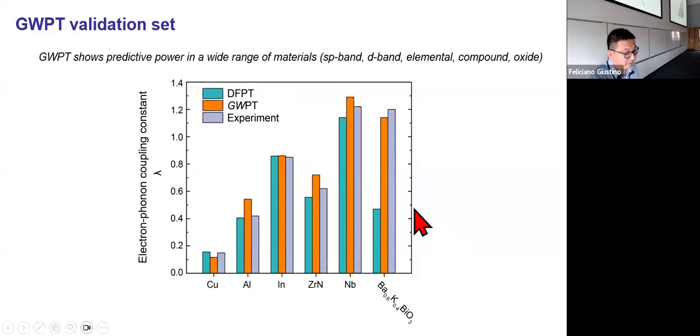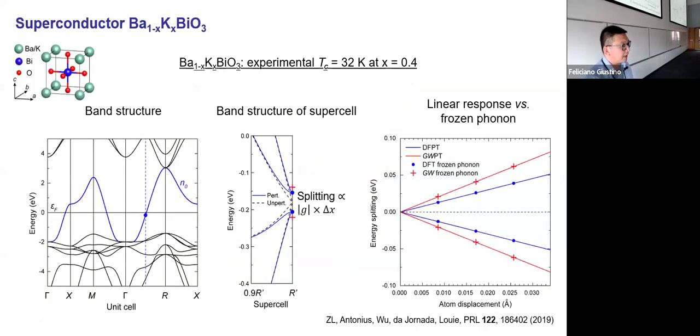However, in one material that I've already mentioned, which people have known for a decade, PKBO, DFPT will significantly underestimate the electron-phonon coupling magnitude, whereas using hybrid or advanced functional or many-body approaches gives a much better agreement. And we can use this BKBO as a demonstration to see what GWPT can achieve.